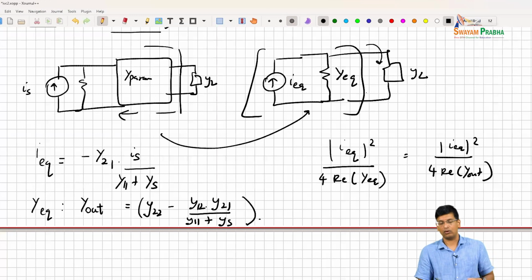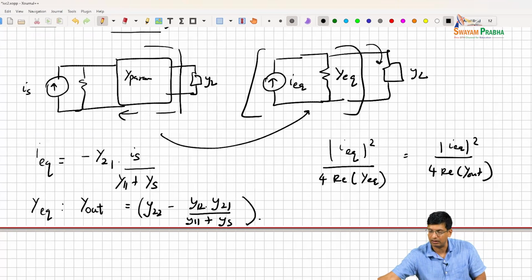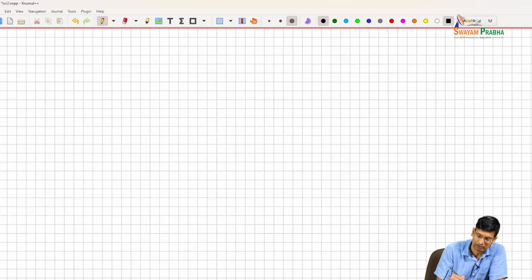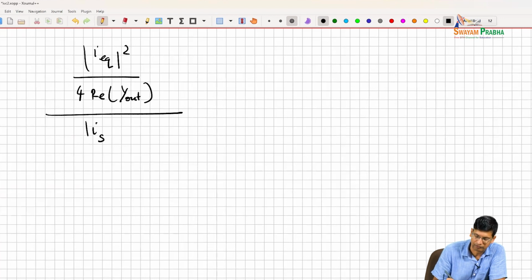So, you effectively have a situation with conjugate matching where you are looking at a power gain of IEQ squared divided by 4 real part of Y out, divided by the power that was available from the source, which is Is squared divided by 4 real part of Ys.